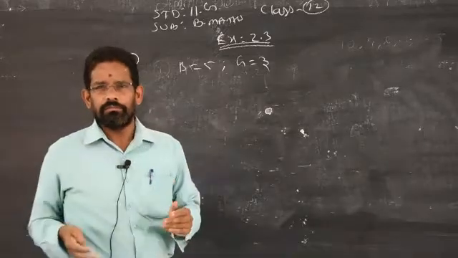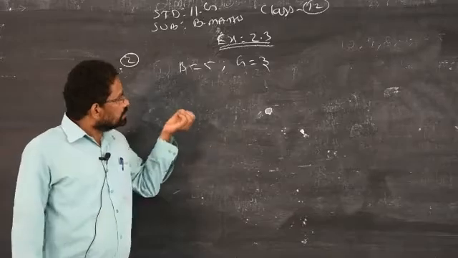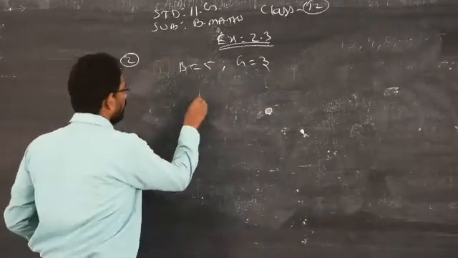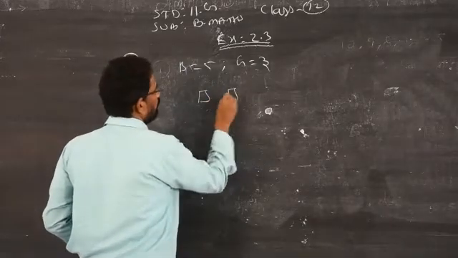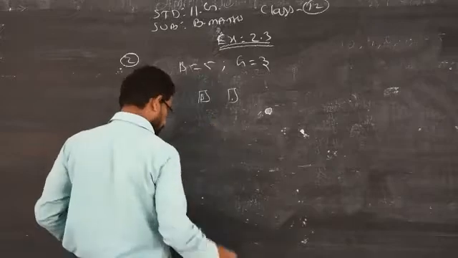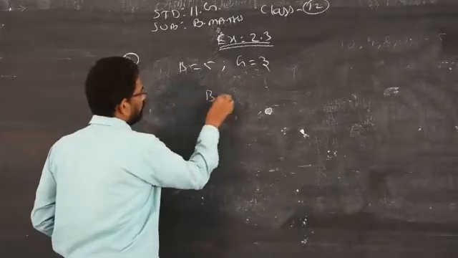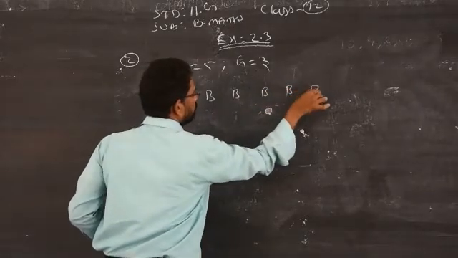The girls are supposed to sit in between the boys. See, the girls are asked to sit in between the boys. So, I am taking the box as B, that is boy. Otherwise I can write straight away boy. How many boys are there? 5 boys.